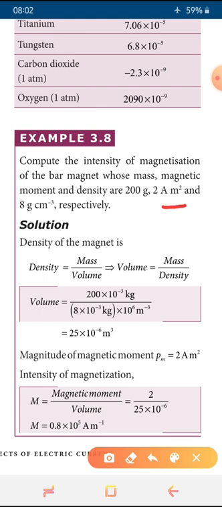Then 10 power minus 6, if it goes up, becomes 10 power plus 6. Then 20 by 25 into 10 power 5. Solving that, the answer is 0.8 into 10 power 5 ampere per meter. This is the answer for the intensity of magnetization for this question.